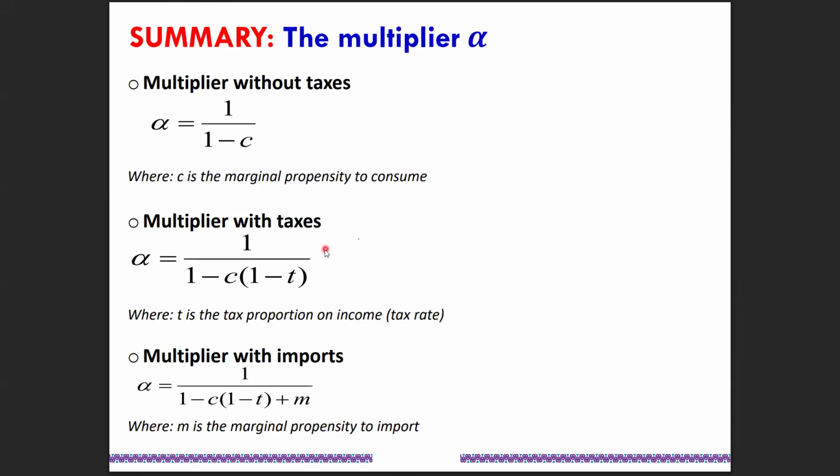But with the taxes now, it's going to be 1 divided by 1 minus C times 1 minus T, where your T is your tax proportion of income or your tax rate. You must remember that taxation reduced the size of the multiplier, right? And then with the import now, it's going to be 1 divided by 1 minus C times 1 minus T plus M, where your M is your marginal propensity to import.